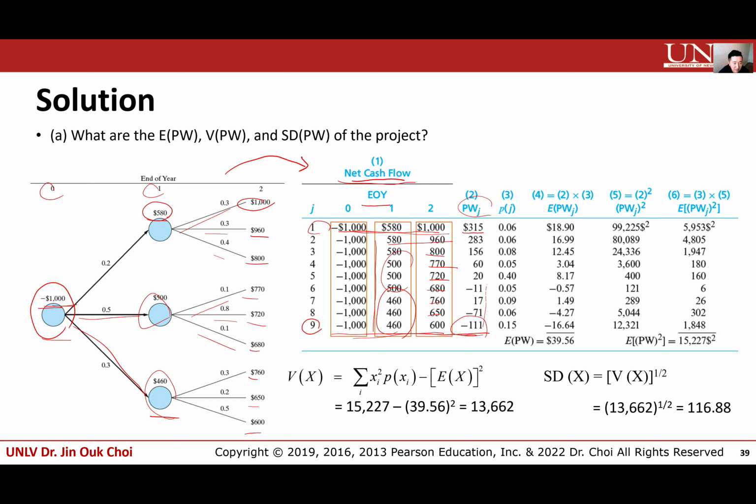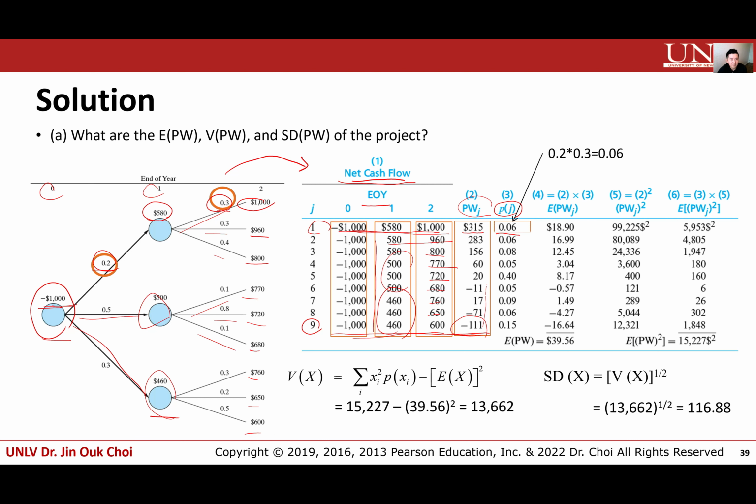And the probability Pj can be calculated by multiplying the probabilities. In this situation, we multiply 0.2 and 0.3 and get 0.06.